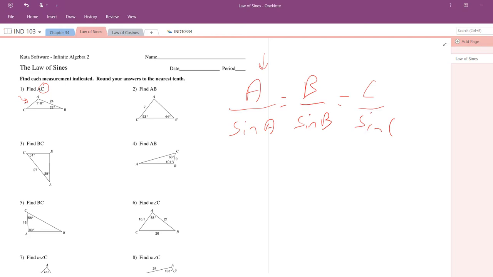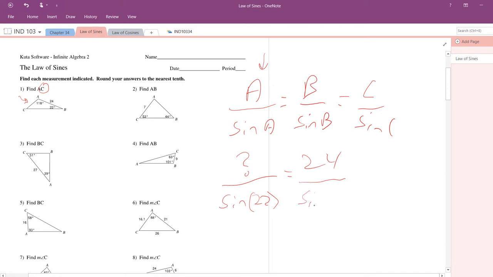I do have 22 degrees, so question mark over the sine of 22 is equal to 24 over the sine of 40.